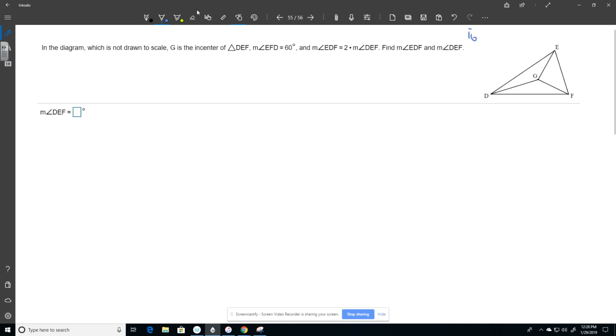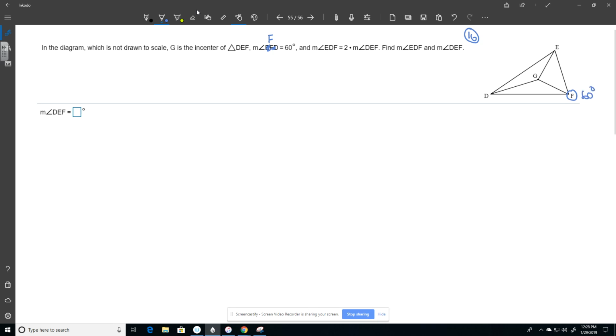Okay, 16. I like this question because it's a little bit challenging. It tells me that I have a triangle and G is the incenter, which in this case doesn't really matter that much. But it tells me that EFD, this angle right here, I'm going to call that angle F. F is 60 degrees.